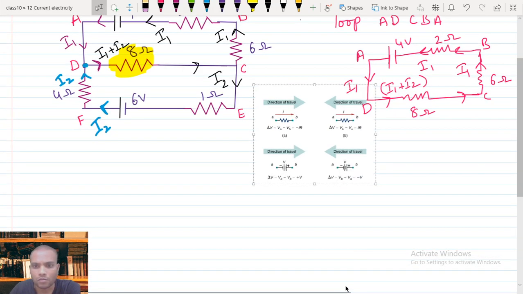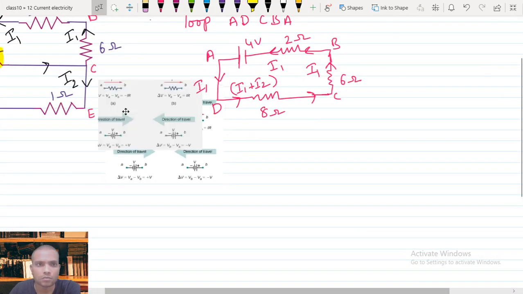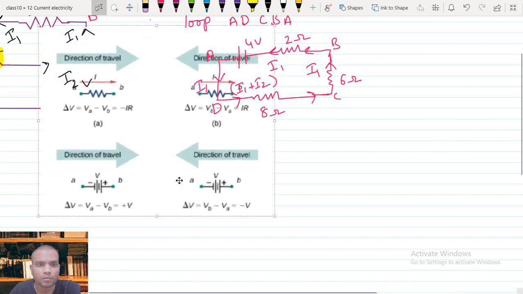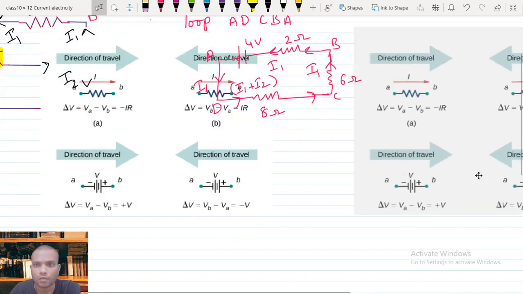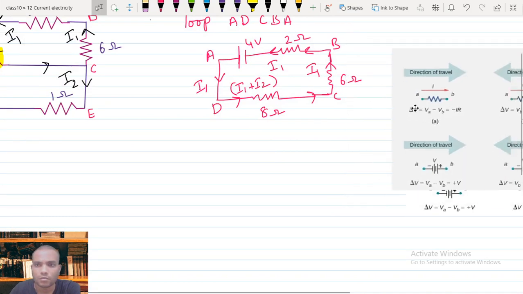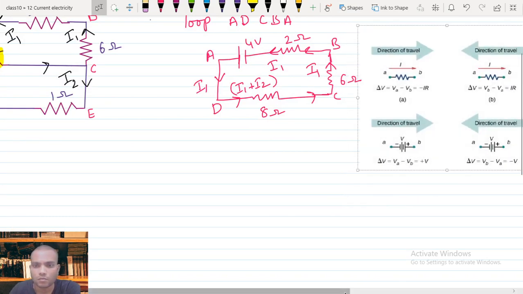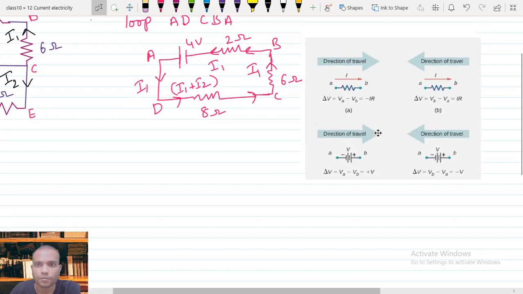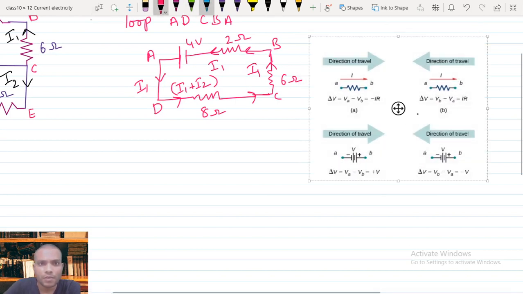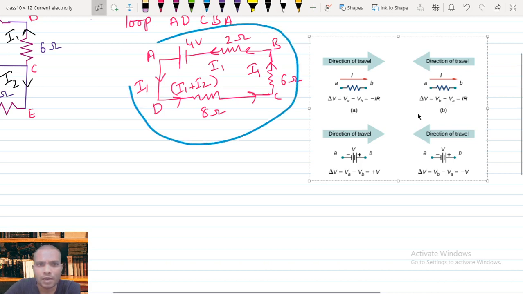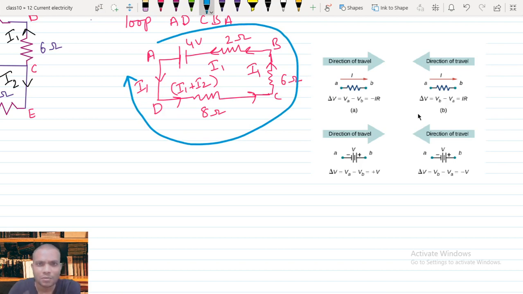So here I have the loop rules. Suppose I am traveling in the loop from A, B, C, D, A along this direction. I am traveling inside, but inside looks messy to draw, so that's why I draw outside.